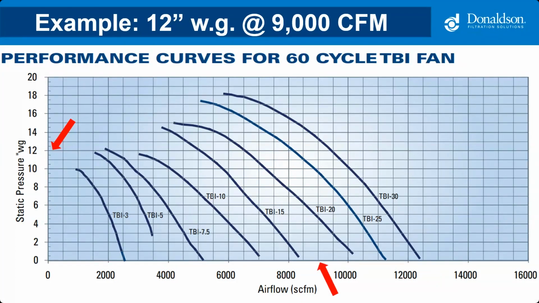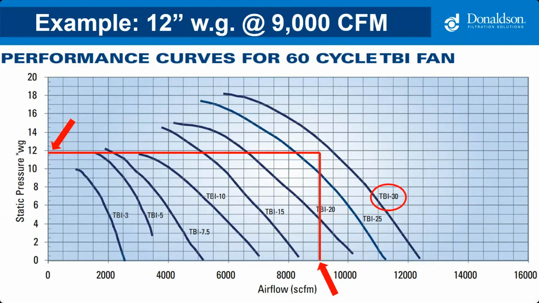And when these two lines intersect, we land on the backward inclined fan between the TBI 25 and the TBI 30. So we go to the fan curve to the right of where it lands. Since it is rare that we land on the curve, in this case, we would select the TBI 30.